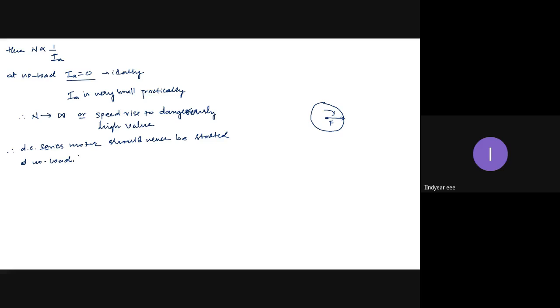The third characteristic is the speed torque characteristic, which will generally follow the speed armature current characteristic. Here TA is proportional to Ia square, as we have seen in characteristic 1 for the series motor.